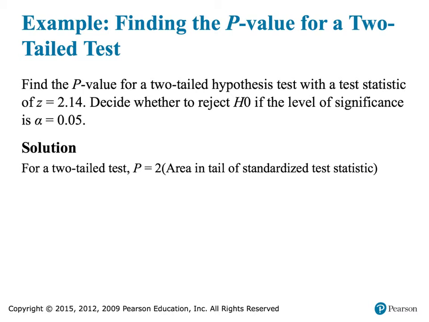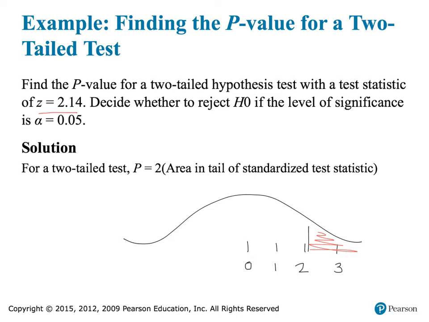Here's an example where we get a test statistic of 2.14. So again, let's draw a picture. A test statistic of 0 would be right at the middle. 2.14 would be right about here. And when we go to our table, it gives us the area below. In this case, we are above the mean. And so we're basically looking for the area above.